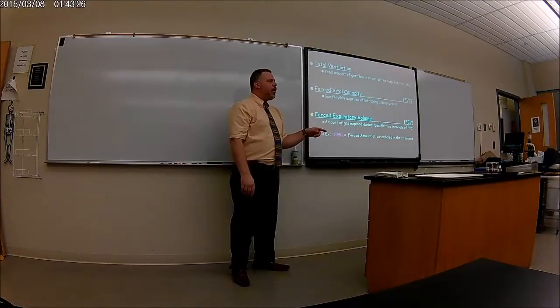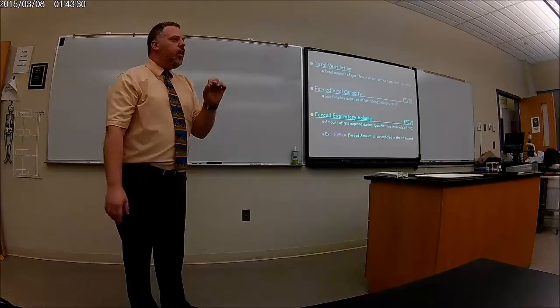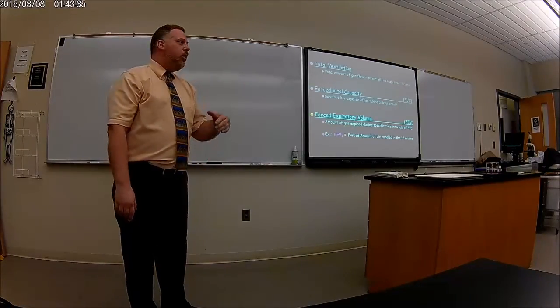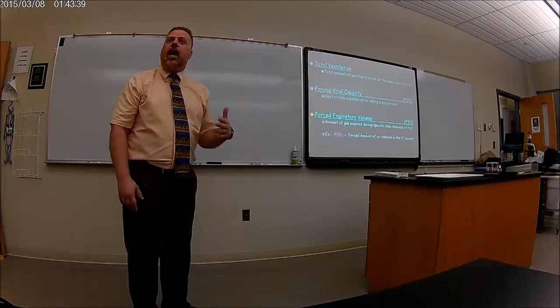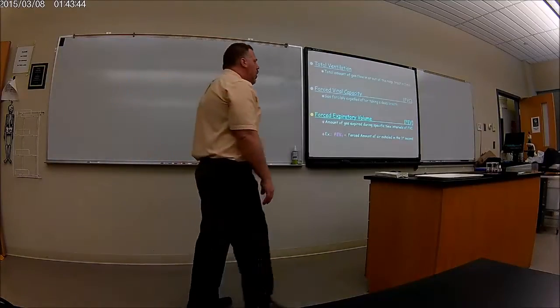That's what they're calculating. So the FEV1 is how much of the forced vital capacity came out in the first second. Was it 50%? Was it 80%? Was it 10%? How much came out? Does that make sense? Okay?